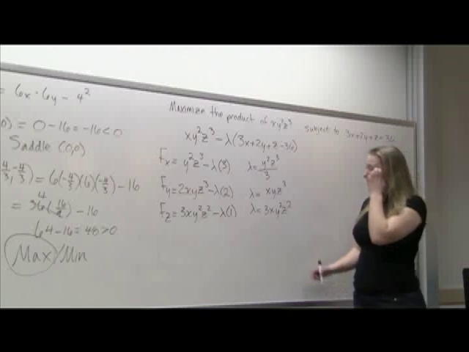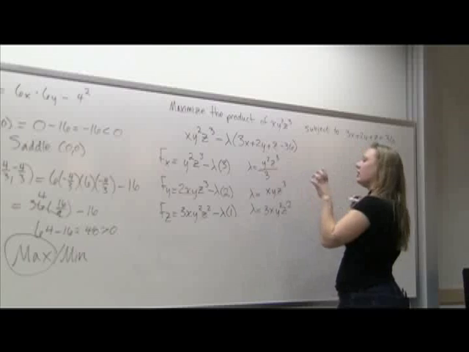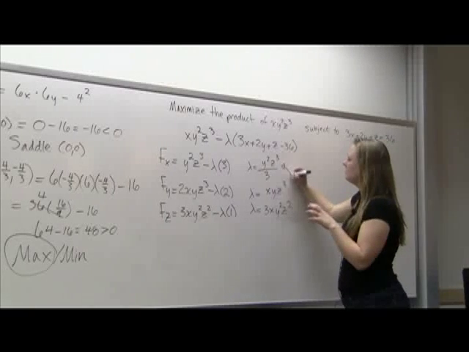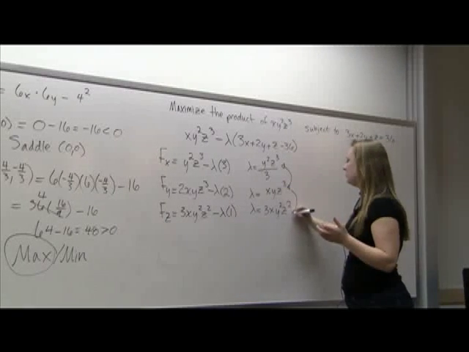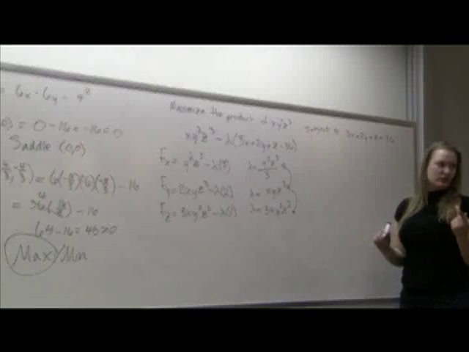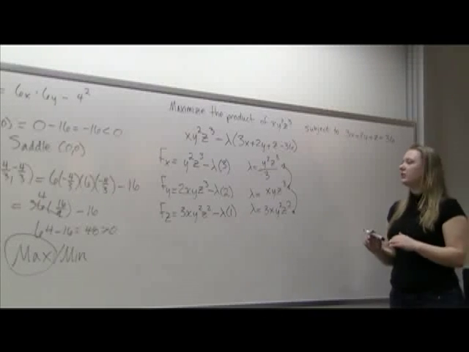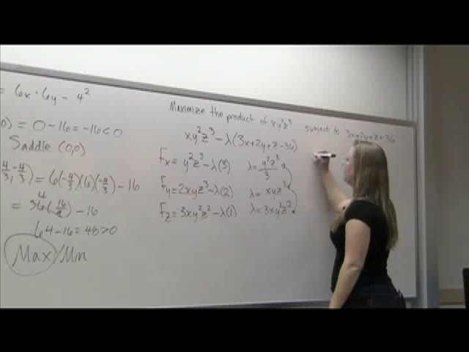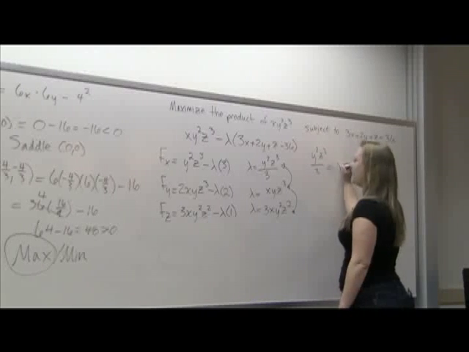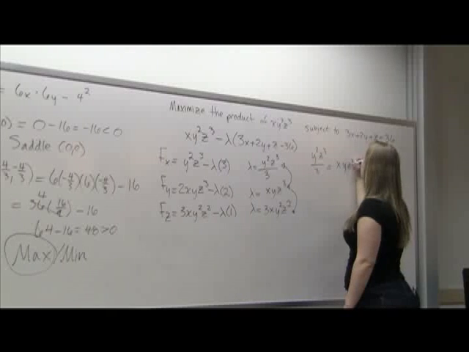That's awesome. Okay, so now I always do these two, and then these two. I only do 2 at a time, otherwise I get confused. Equal to each other. So I'm gonna do the top 2 first. Y squared z cubed over 3 is equal to xy z cubed.